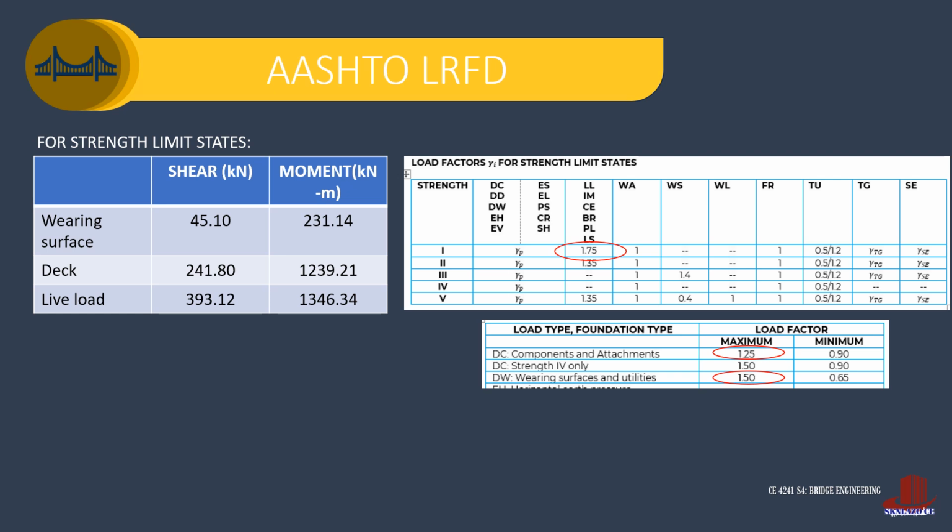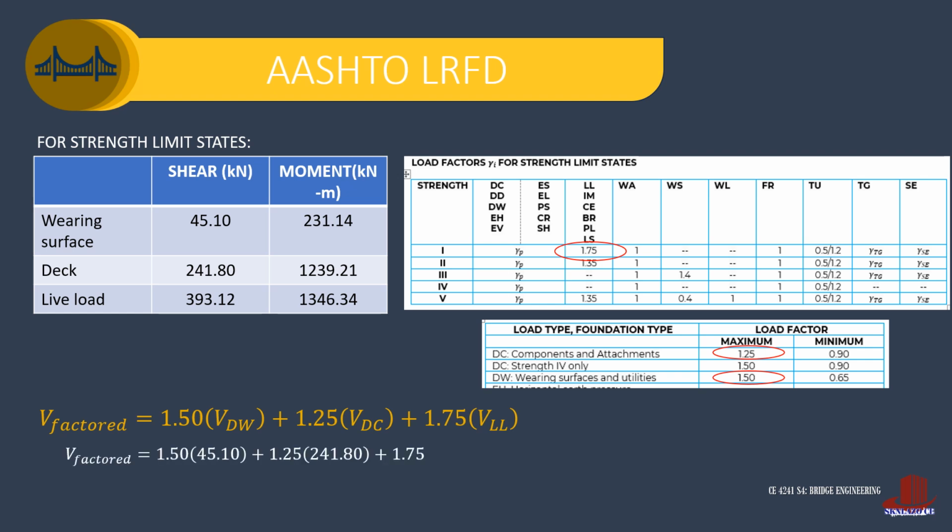So the factored shear is 1.5 of DW plus 1.25 of DC and 1.75 of LL from the previous table, taking a conventional bridge, that is, strength 1. The factored shear for strength limit state is 1.5 of 45.1 plus 1.25 of 241.8 plus 1.75 of 393.12, and this gives 1,057.86 kilonewtons.